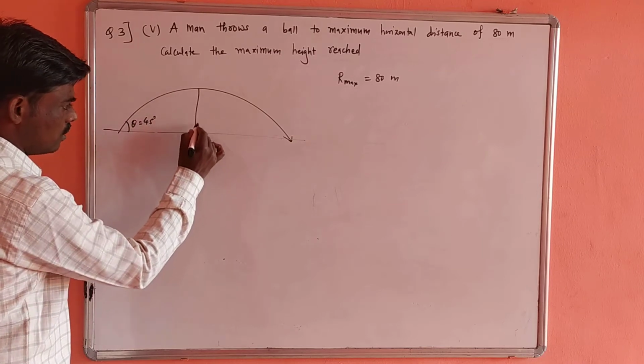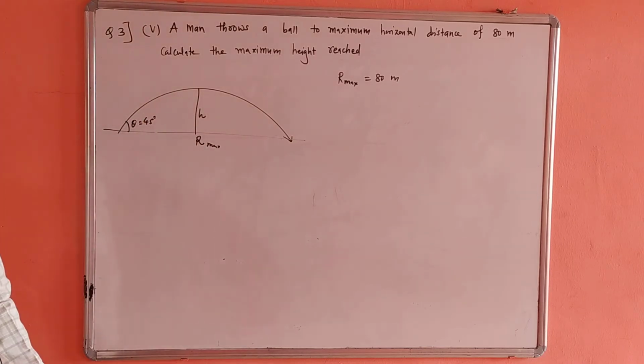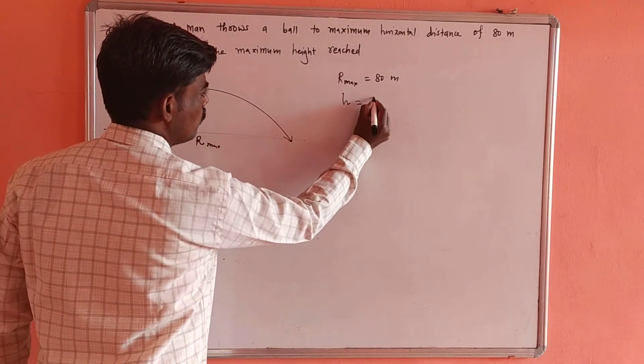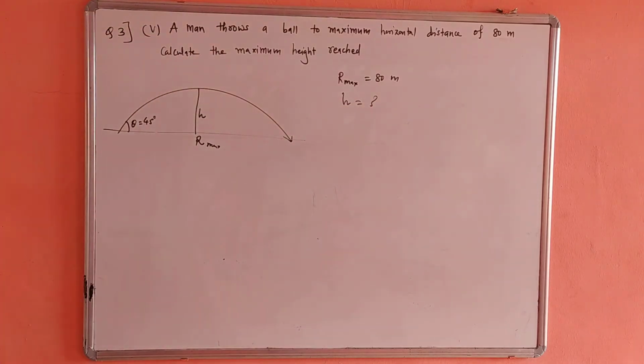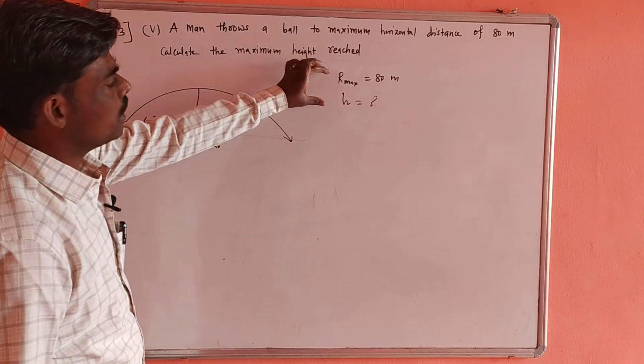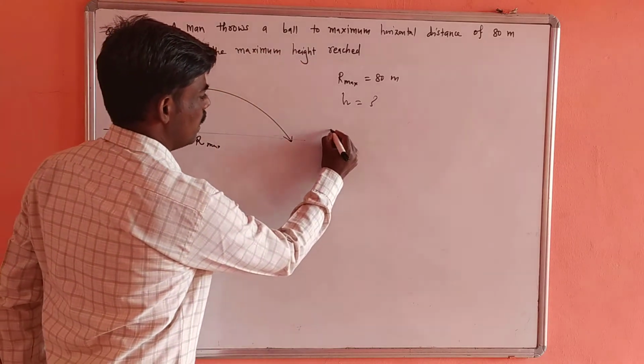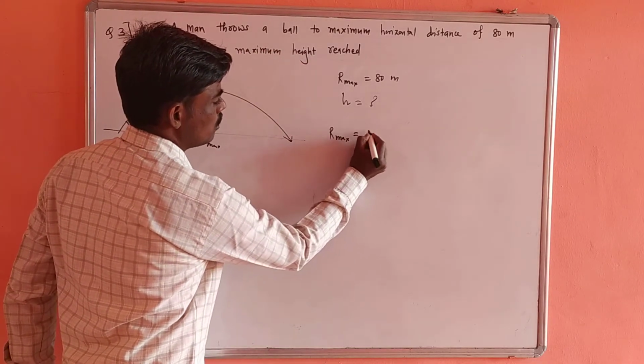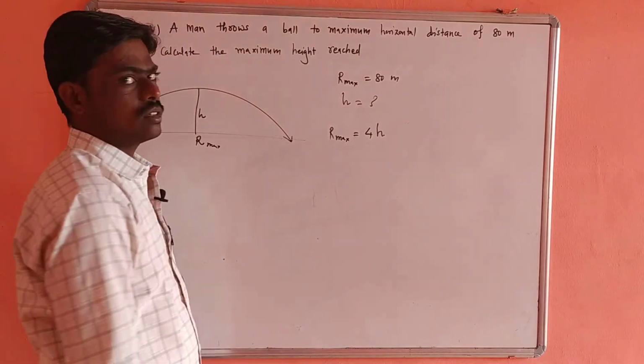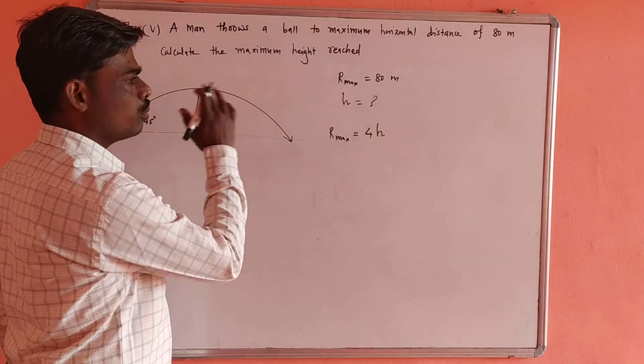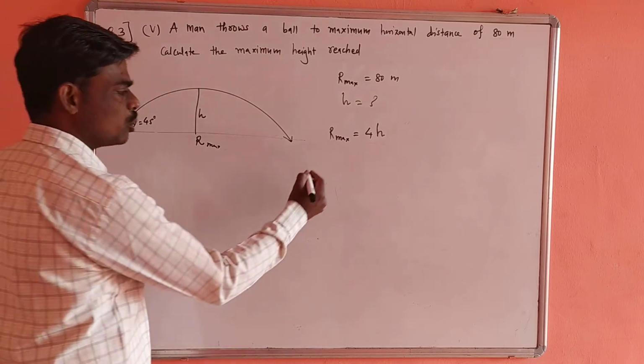So this is height h, maximum height reach. So whenever theta is 45 degree, there is a particular relation between R max and h, and that relation is R max is equal to 4 times h, maximum height achieved by the body during projectile motion.